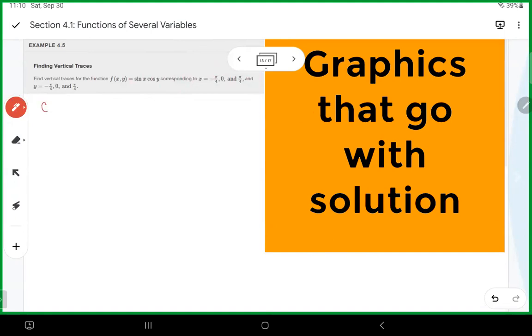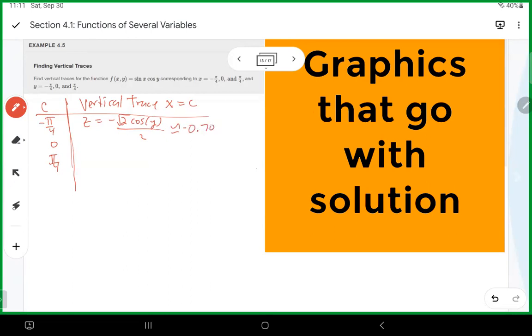So we would have our c. They also include it in the table, but whatever, giving us more room. This is for the vertical trace x equal to c: negative pi over 4, 0, pi over 4. So we would have z equal to negative square root of 2 cosine y over 2, which we know approximates to negative 0.7071 cosine y.